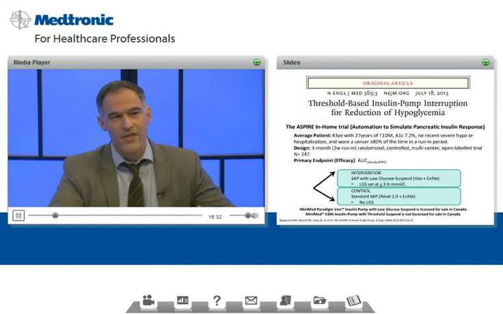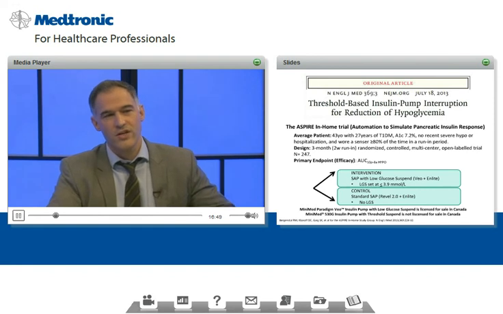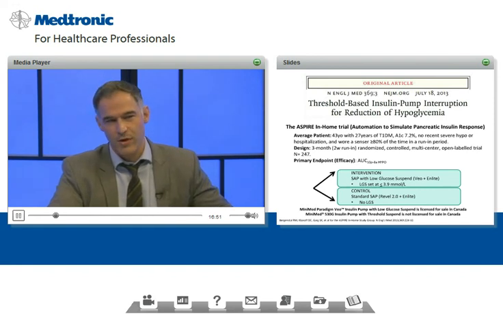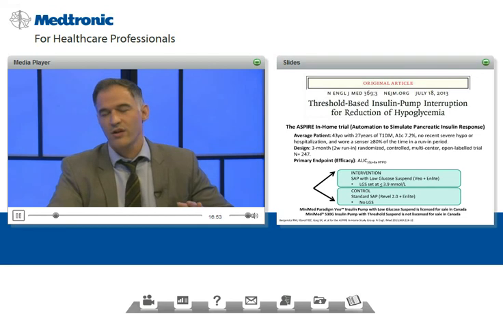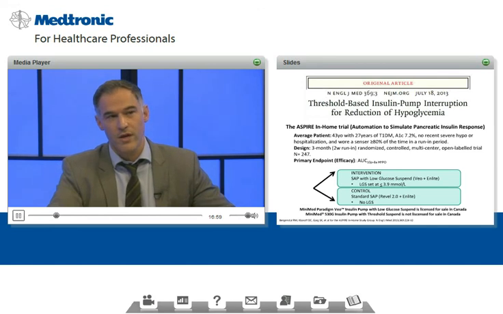In this study, they used a sensor-augmented pump that's like our Veo here, or actually it was the Veo that we use, with the low glucose suspend, or what you hear from the US being referred to as threshold suspend, versus a standard sensor-augmented pump where the low glucose suspend feature is not on. They used the US version of our paradigms called the Revel.